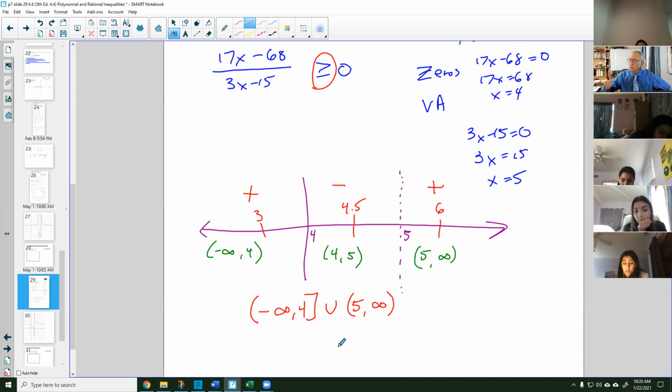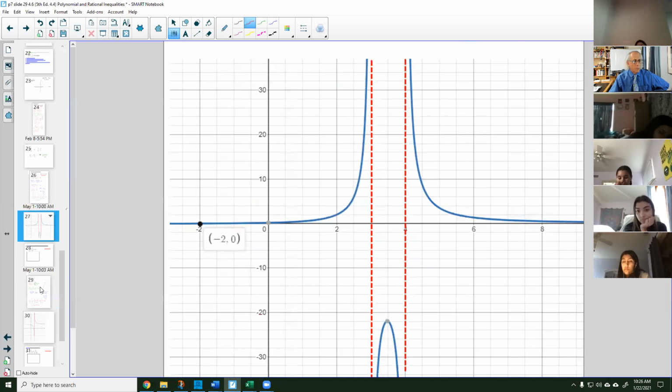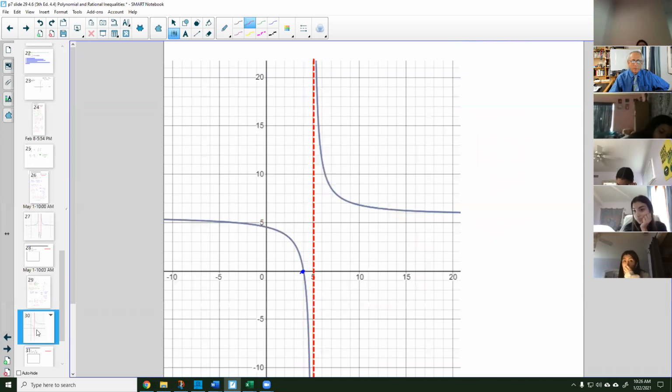Pretty good? We feeling okay with that? Okay, so I have another question. Wrong graph. Where's the graph? Here's the graph. In fact, let's just look at it here on Desmos.